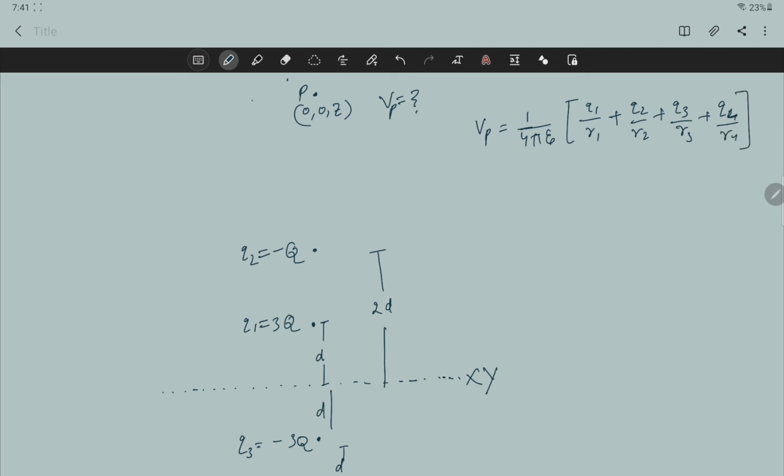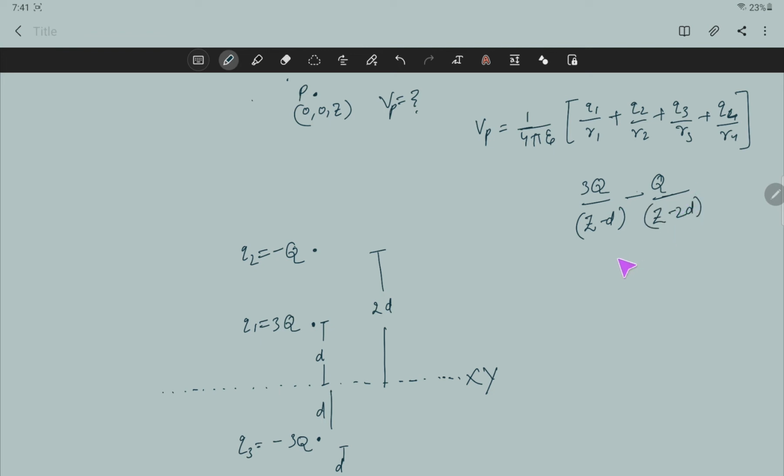Okay, so q1 is 3q and its distance from the point P is z minus d. q2 is minus q and its distance from the point is z minus 2d.